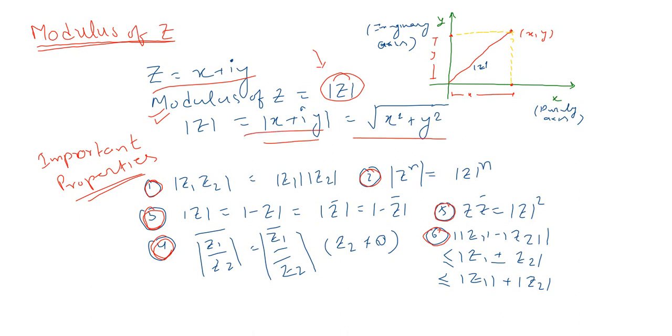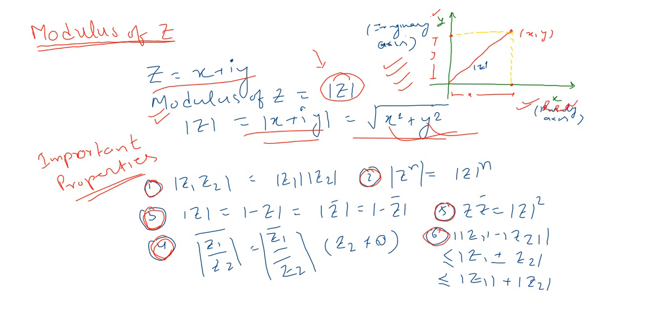Here x is the real part of z and y is the imaginary part of z. Now if we want to represent it in the xy plane, consider the y axis as the imaginary axis and x as the real axis.